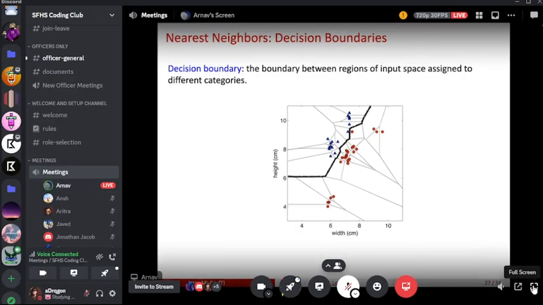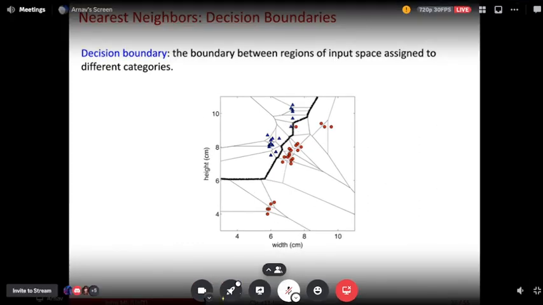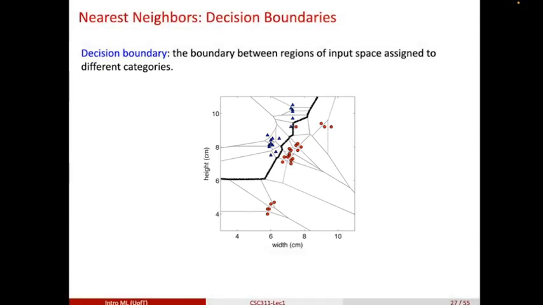In 3 dimensions, instead of having a 1D decision boundary, now you're going to have a 2D decision boundary.